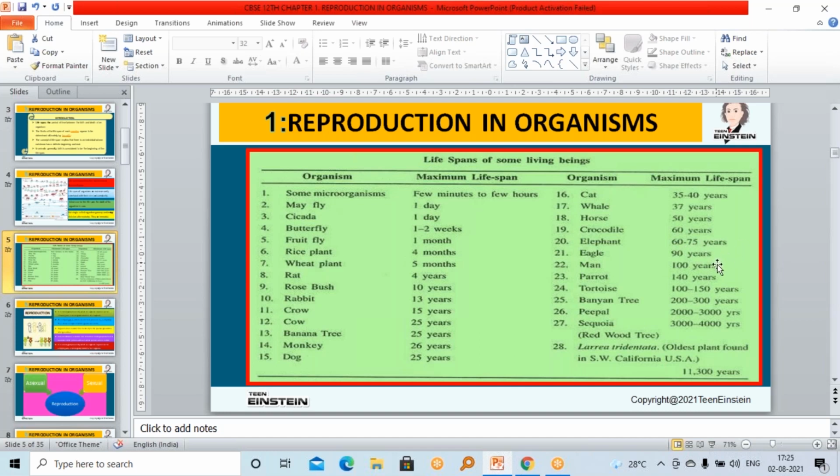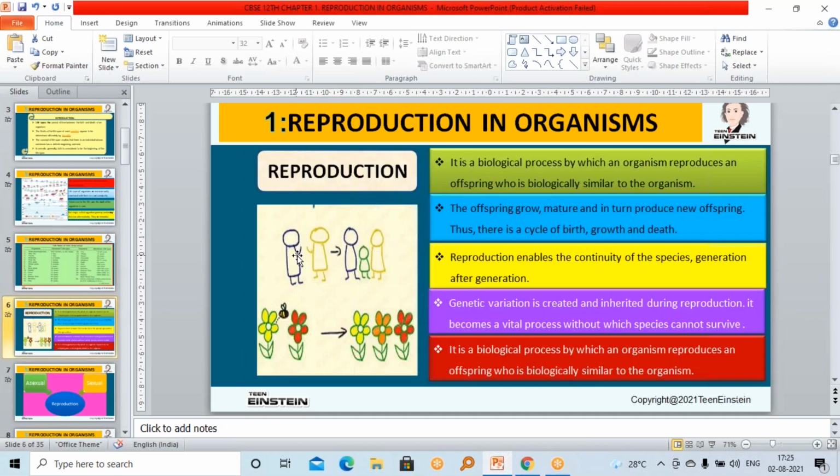The total duration of that plant is 4 months. Cat, 35 to 40 years. This is the average calculated lifespan of each organism. Elephant, 60 to 75 years. Then parrot, 140 years. Banyan tree, 200 to 300 years. So all these things, you can note down: the organism and the maximum lifespan of each organism.